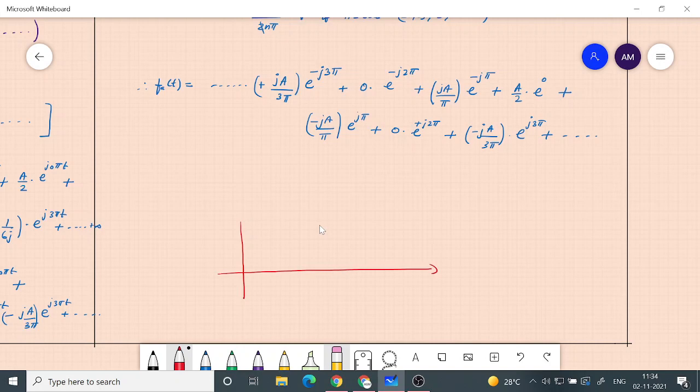So we had the original function. Let me first draw that. The original function is like this. This was A and this was 1, like this. This was our original function, 2, 3, like this. This was our t.